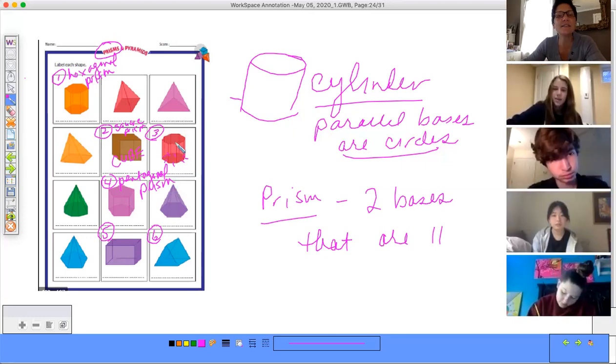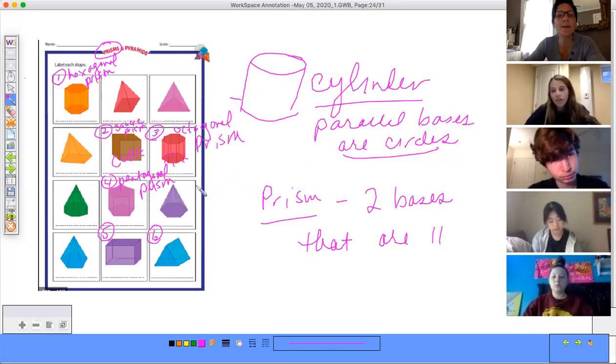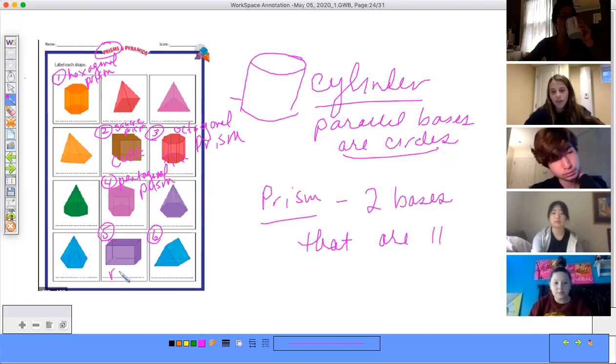There's 8 sides. Well, if this is hexagonal, then we can say this is octagonal prism, yes. It really taps into our pronunciation skills, doesn't it? Okay, Sienna, what would you call 5? A rectangular prism. So would I.